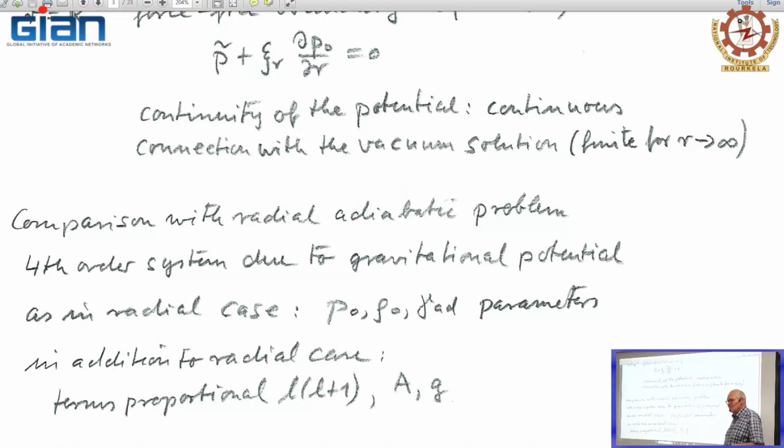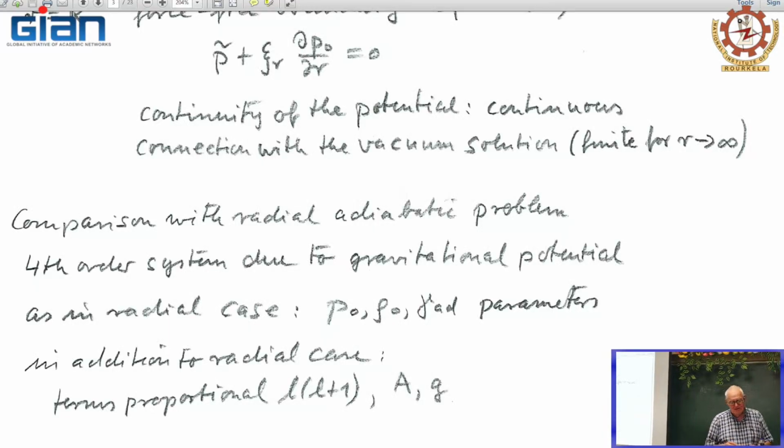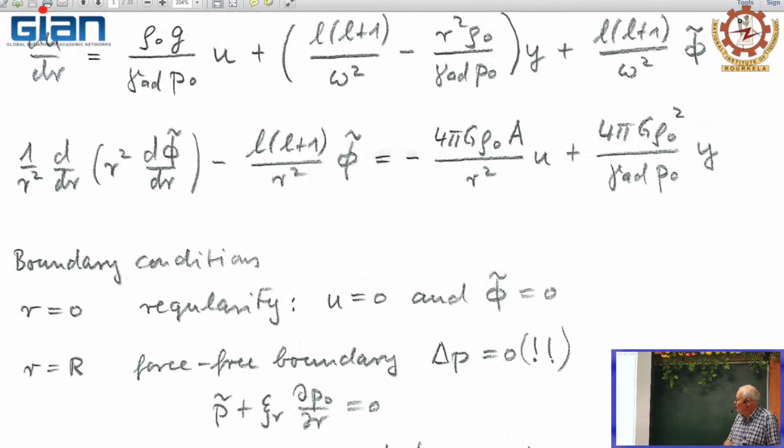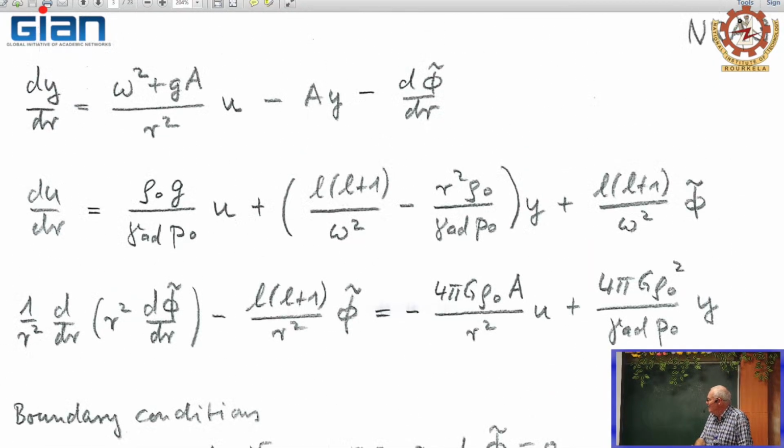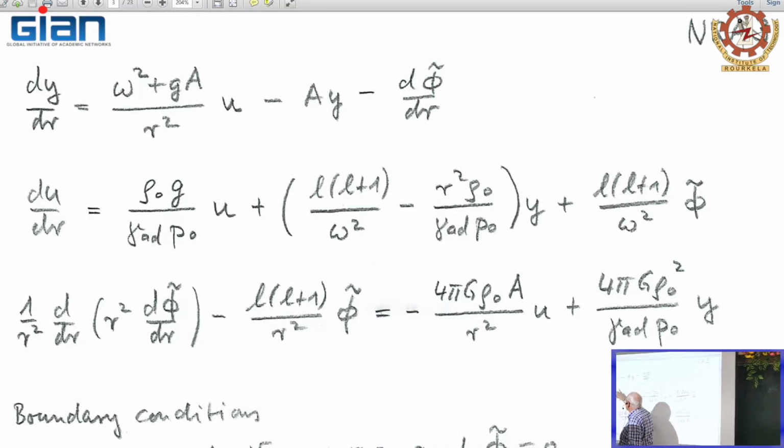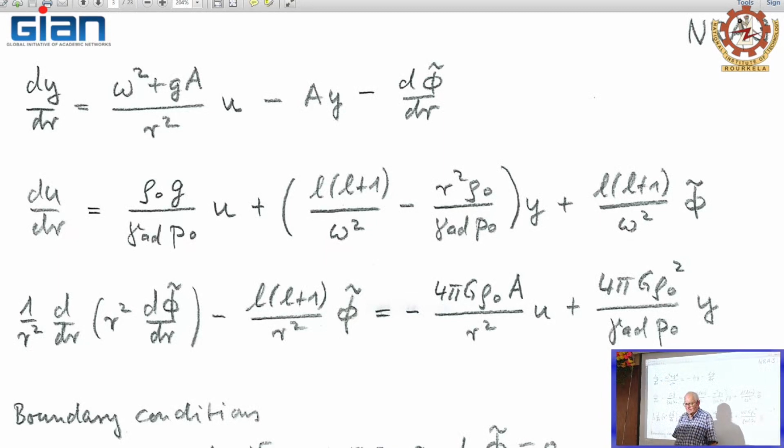That must appear because we have non-spherical perturbations, but there is also the appearance of this quantity A and the gravity G. So if we look at the perturbation equation, we have the gravity appearing and the definition of A. So G and A are new compared to the radial case, and we also have terms which go with L times L plus 1.